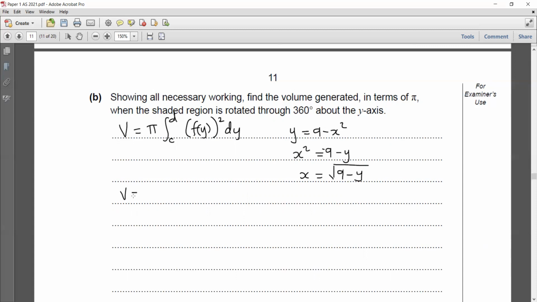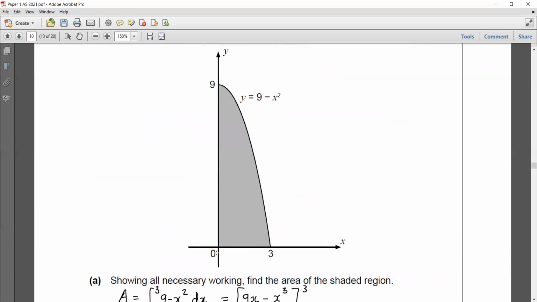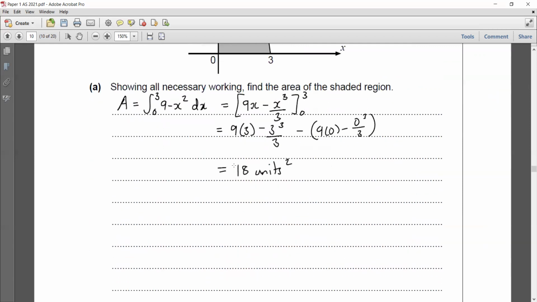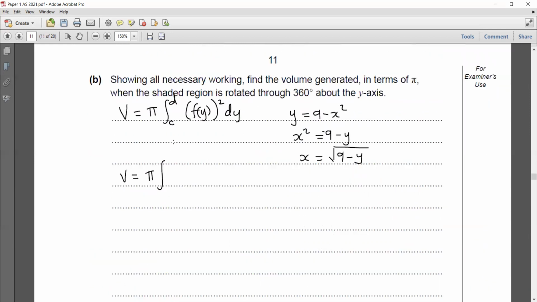So our volume, this is pi, it's multiplying by the integral. Now my C and D, those are this 0 and that 9, where it's intersecting the y-axis. Okay, so I'm revolving around the y-axis. Everything must be in terms of y.